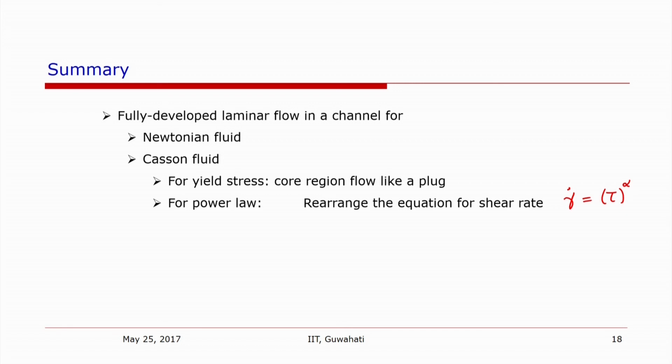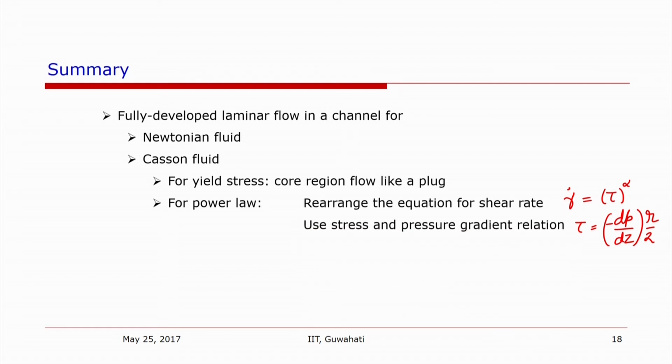Once we have rearranged this, we can substitute tau is equal to minus dp by dz into r by 2, and for a constant pressure gradient we can get the velocity gradient in terms of radius, and then we integrate it to obtain the velocity itself. Okay.